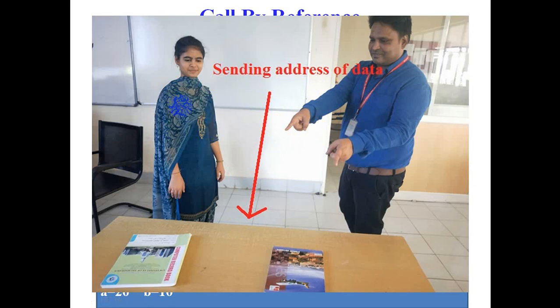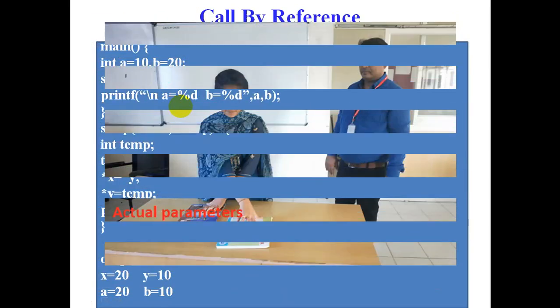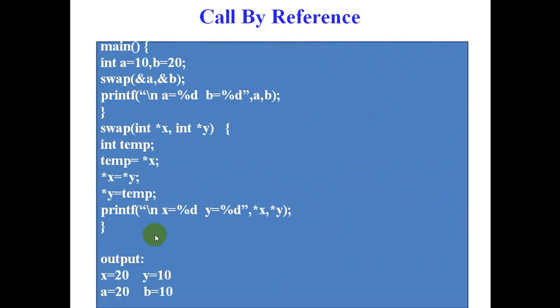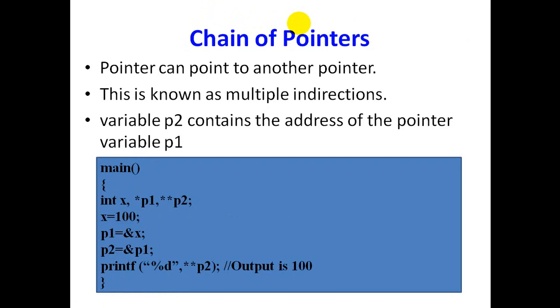The swap function itself is going to take the data and swap or exchange it. So whatever changes are done to the formal parameters will be reflected to the actual parameters. So that is call by reference. These are the two important function calls, call by value and call by reference.